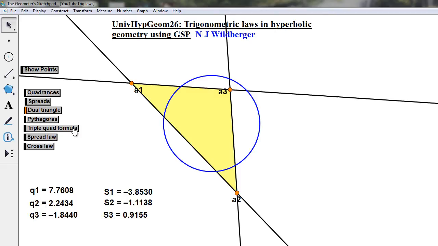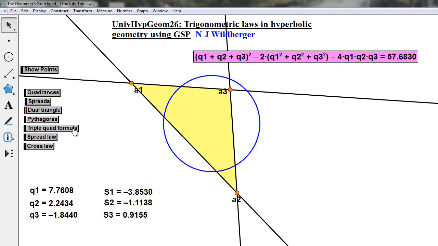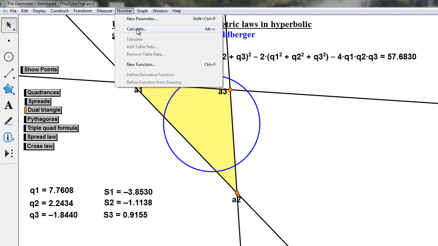The triple quad formula is telling us what happens when 3 points are collinear. And here it is right here. So what is this? This is a computation that is formed with these numbers. Now how does one actually make such a computation? Well, under here in the tab bar, under Number, there's a calculate sign.